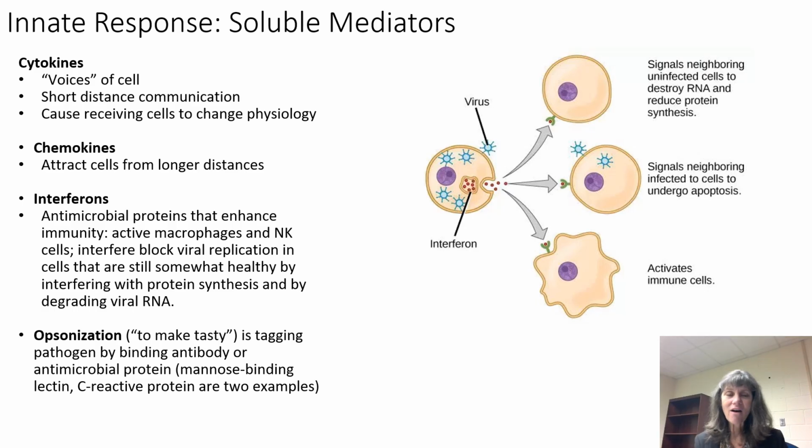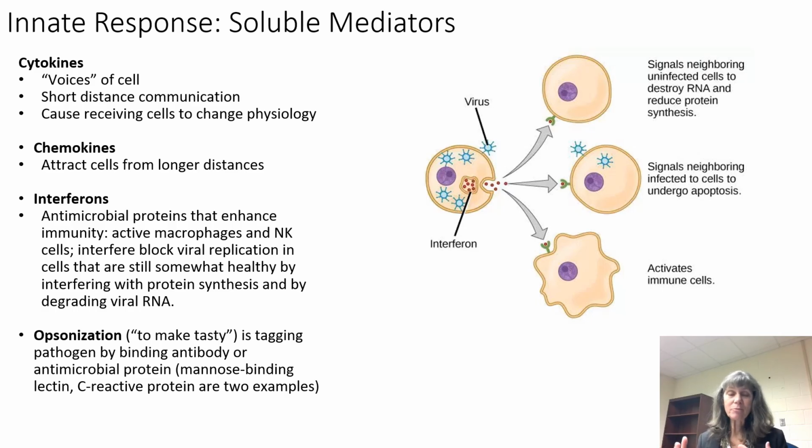And lastly, there are proteins that are known as opsonins that cause opsonization, which is to make tasty, and that means that we're going to tag a pathogen by binding an antibody, which antibodies are proteins, or maybe binding an antimicrobial protein such as mannose-binding lectin.